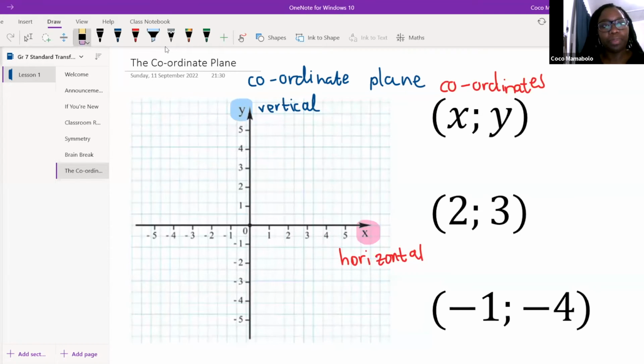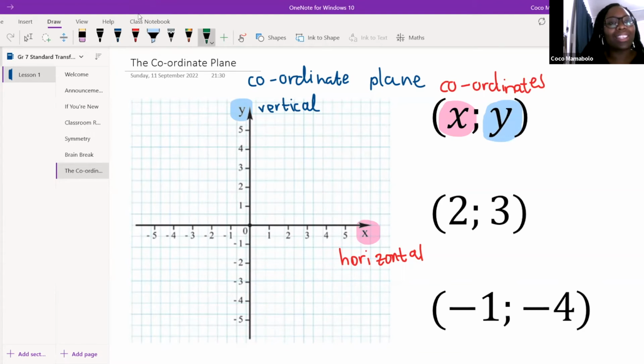Now, when we're reading our coordinates, we're always going to look at our horizontal line first, or our X number first. And then after looking at the X number, we're going to look at the Y number, so the vertical number next.